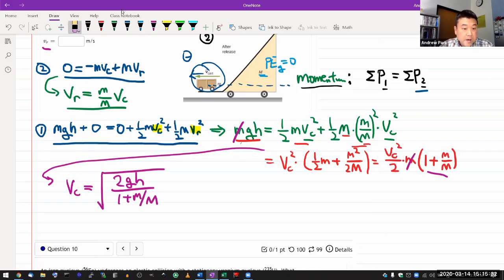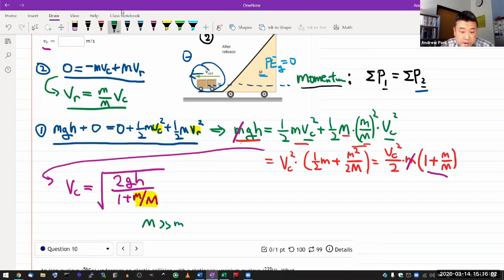Seems reasonable. And there's a sanity check that's useful to do, and one of the ways you can do a sanity check is to think of limiting scenarios. Here, a limiting scenario is where you imagine that the capital M is much larger than small m, or it goes to infinity, or more realistically, it's much larger than small m.